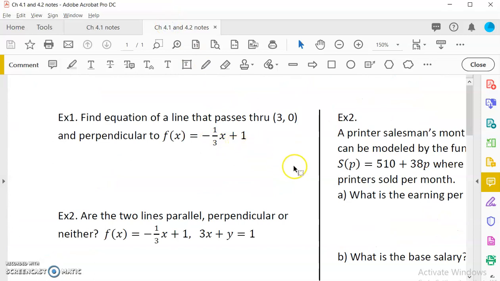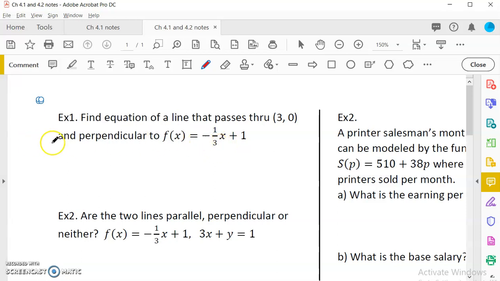So let's use these facts to find the equation of a line. This video is always about the equation of a line. So we want to find the equation of a line that passes through (3, 0), but is perpendicular to this line. So I have a point, but I don't have slope. Whenever you need to write an equation, you always need a point and a slope, but I only have the slope of the other line, right?